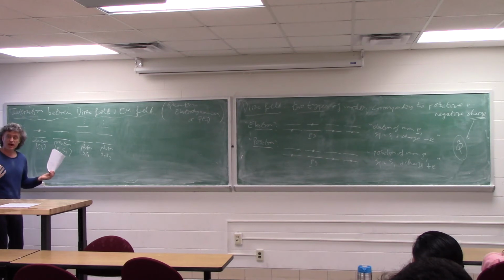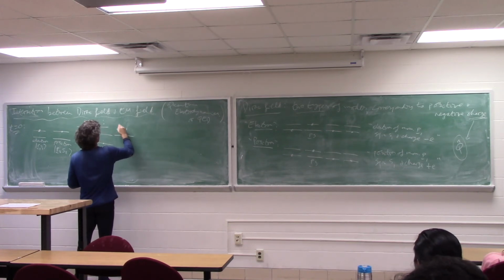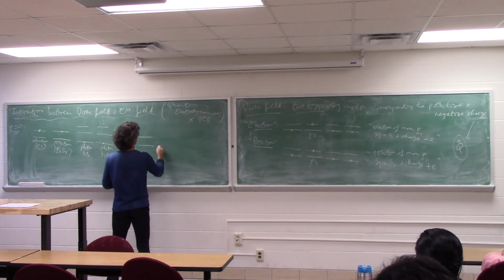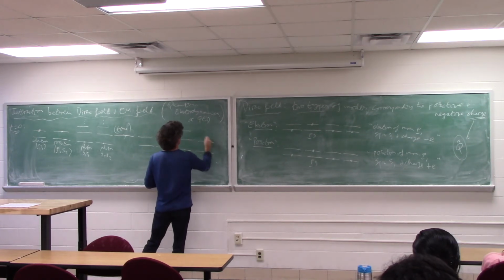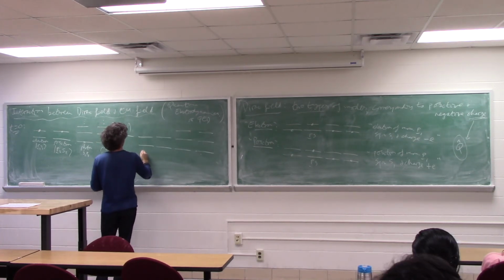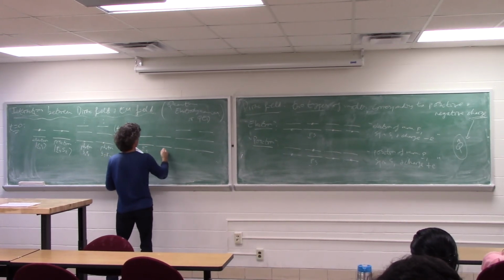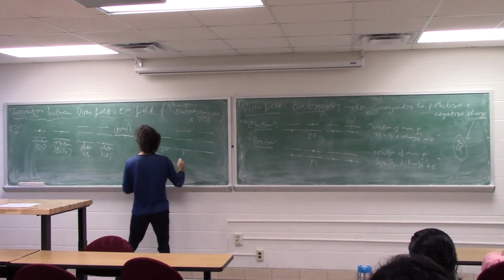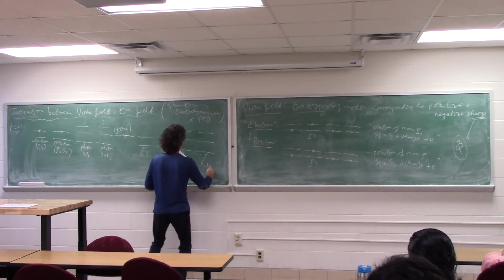Because these fields interact, energy can be exchanged between them. Over time, the following can happen. Here I have the electron mode P1S1, the positron mode P2S2, a photon mode K1R1, a photon mode K2R2.